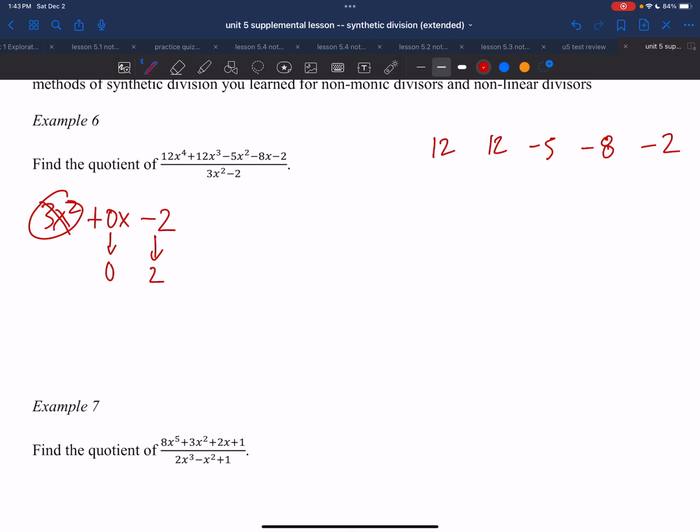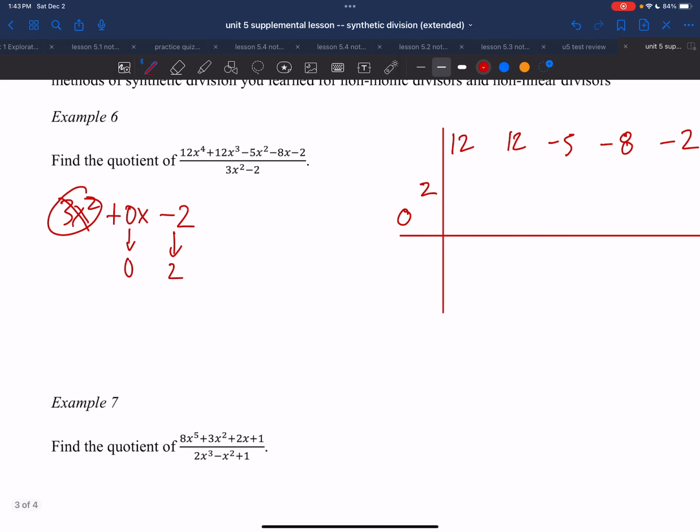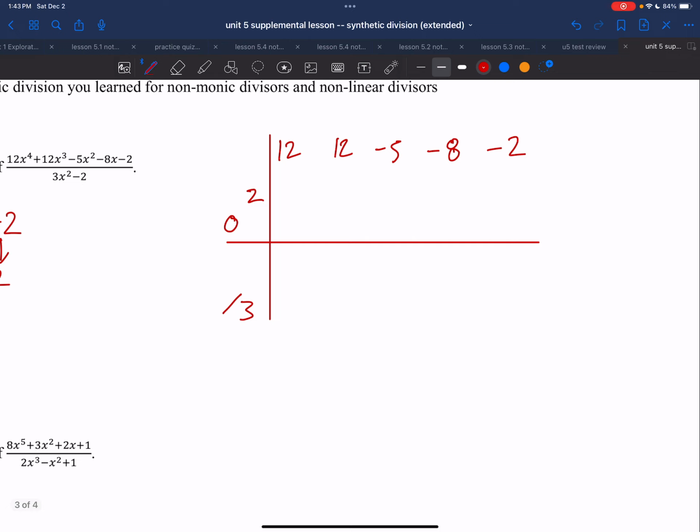This is 2. So when you set this up, this is where I need some more space vertically, like so. I have 0, 2 in my diagonal, but because the leading coefficient is 3, I've got to divide by 3 down here.